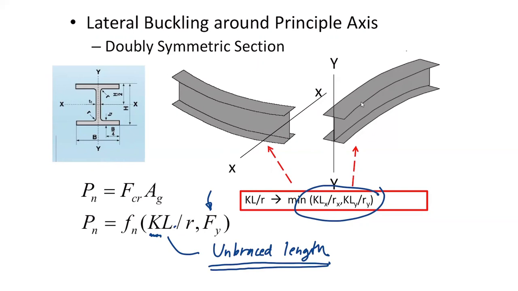Now let's say I have one column long like that. That's the length of the column. But somehow, let's say, I prevent the movement by adding some member in here, which I can call bracing. Now, this column will not be able to move at this particular point where I add the bracing.